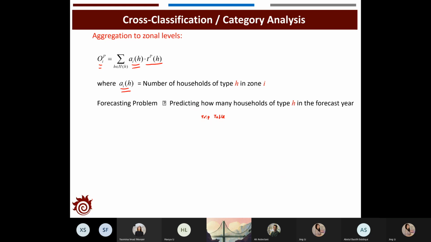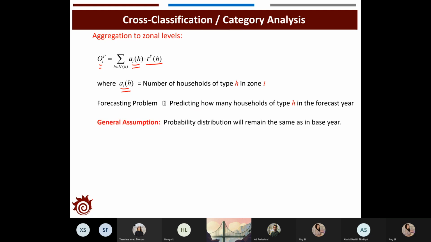Another thing is that in the future we may want to predict how many trips can be generated in each zone, like in the next 5 years or the next 10 years. But we don't know how the trip table is going to change. We can just assume how the population is changing over time.